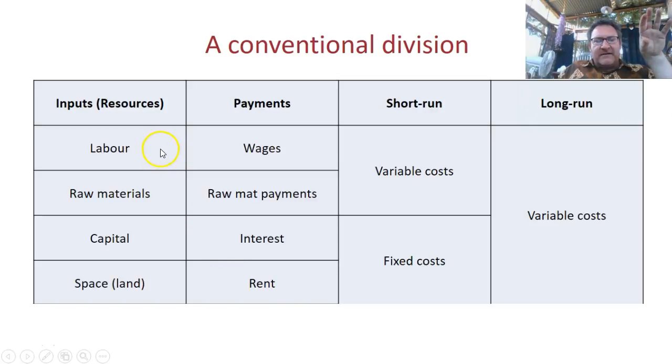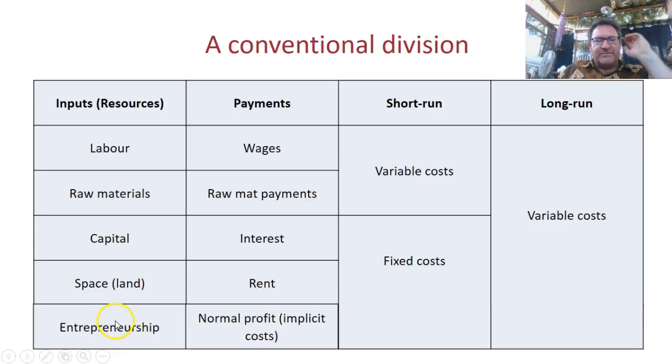So we could say that these implicit costs, that is, the costs of entrepreneurship, are embedded within some of these categories here. But if we wanted to separate it out, if we want to say, no, these are all the inputs which have been purchased, and so these are all explicit costs, then we would want to add to that a separate category of entrepreneurship.